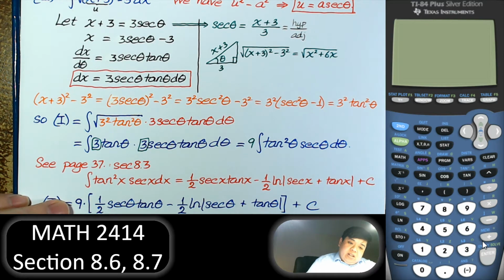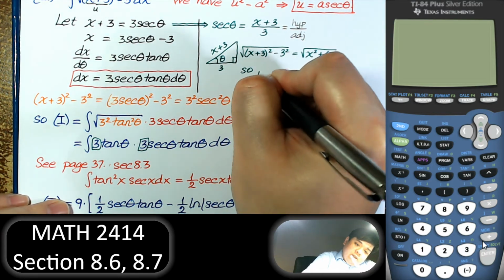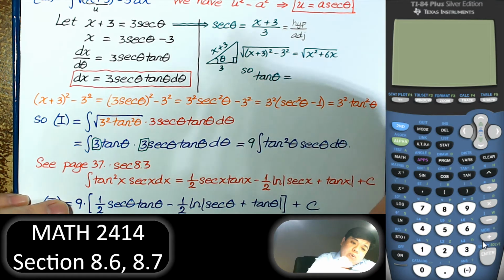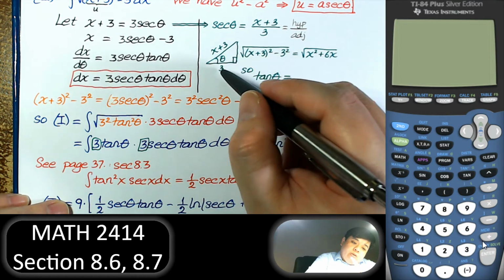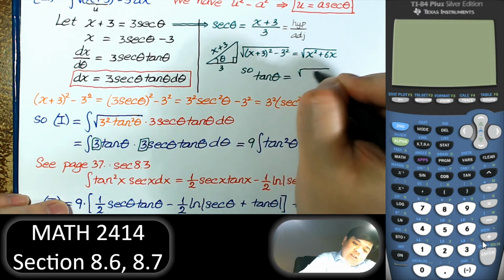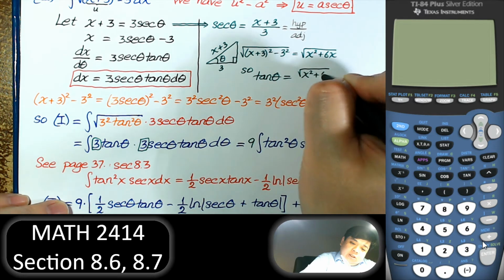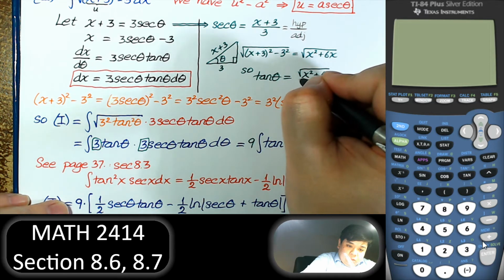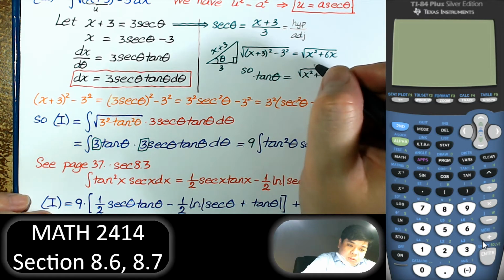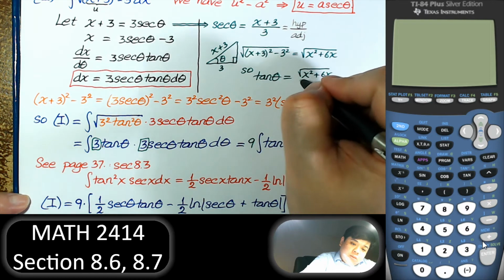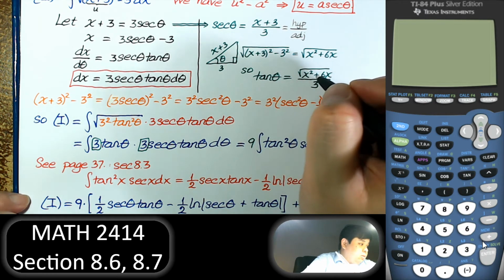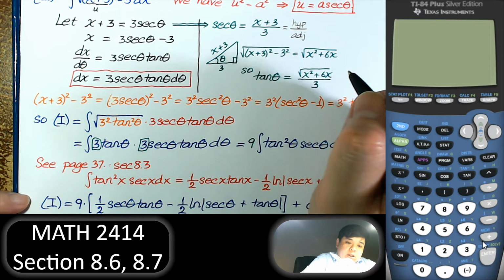Now we need tangent. So tangent is equal to opposite over adjacent, right?